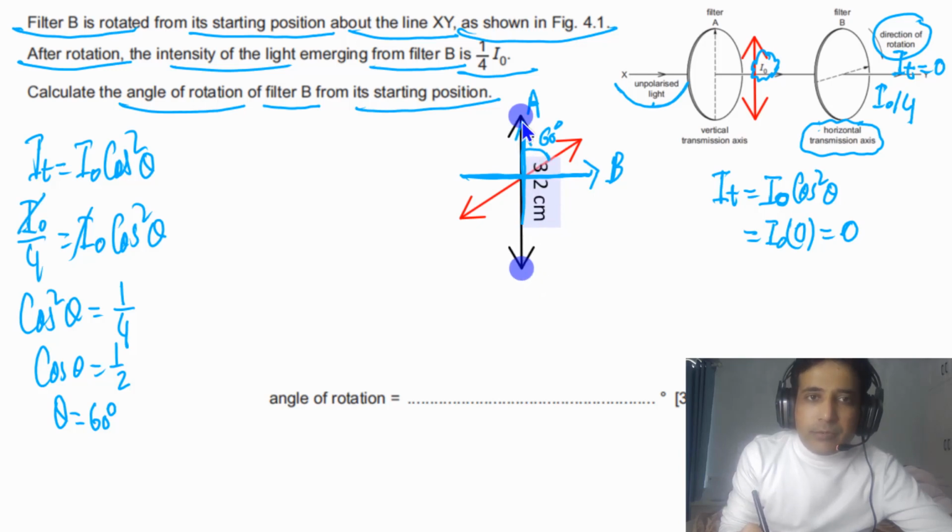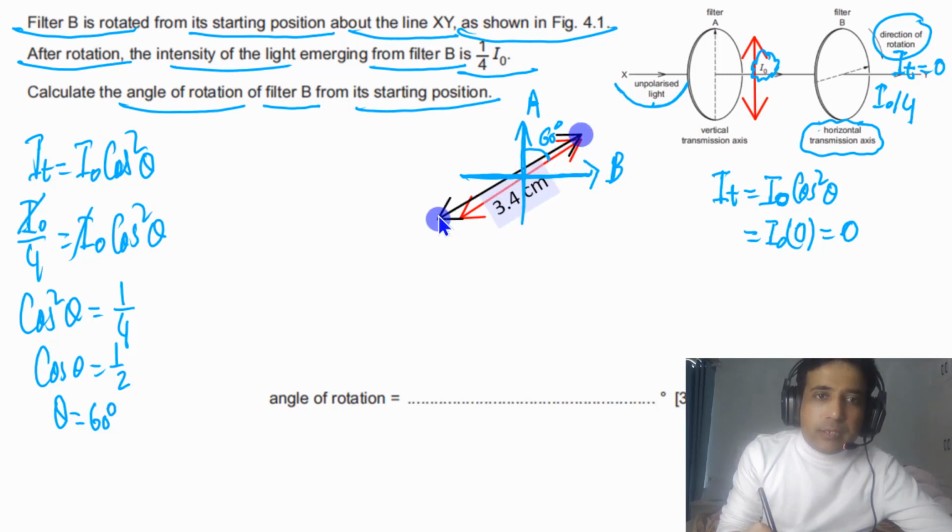Now if you rotate this one again by 60 degrees, this will align with this. So in this case, the total angle of rotation is, first of all, this 90 plus this 60. So this is 60 because alternate angles are equal, plus 60.